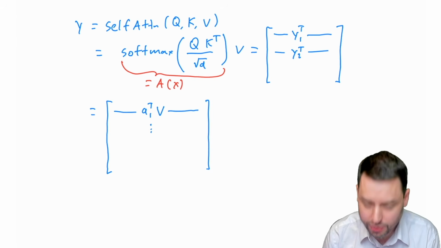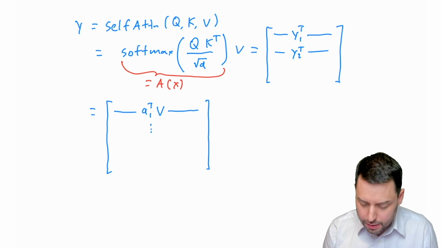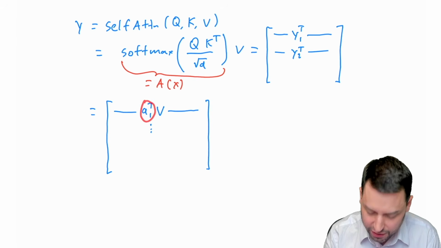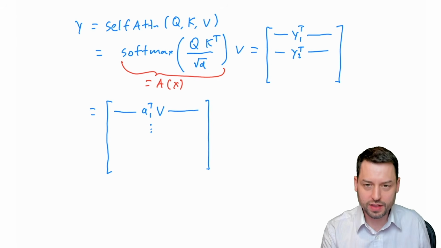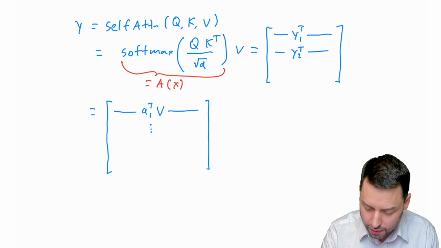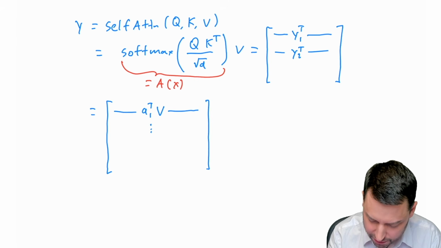And I'm not going to write the rest of the rows. They're all just the same thing. But what is that first row actually equal to? Well, writing the elements of Q and K individually, we could also write this first row as being equal to, so A1 here, I'll just write this explicitly here.